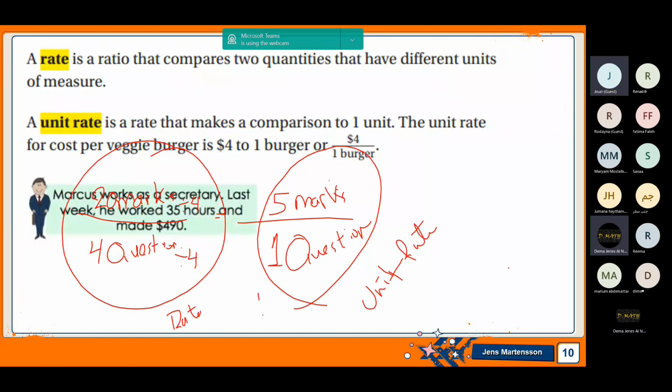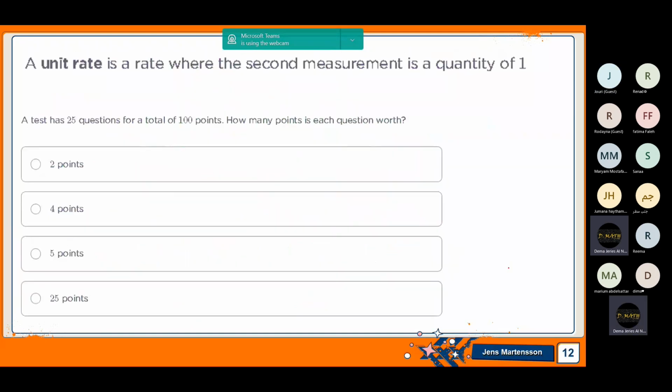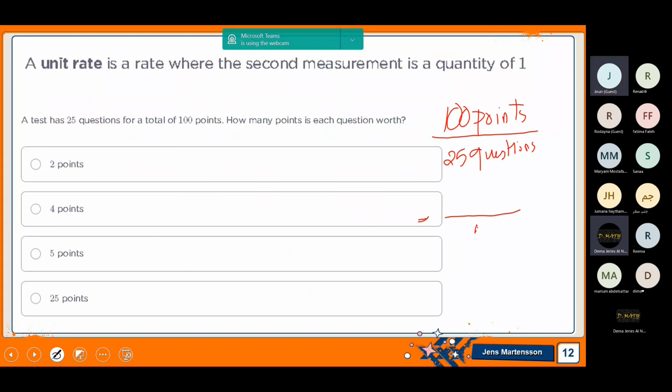Now, here you have an example from me. A test has 25 questions for a total of 100 points. So here you have 100 points per 25 questions. They ask you now, how many points is each question worth? What do you have to do?